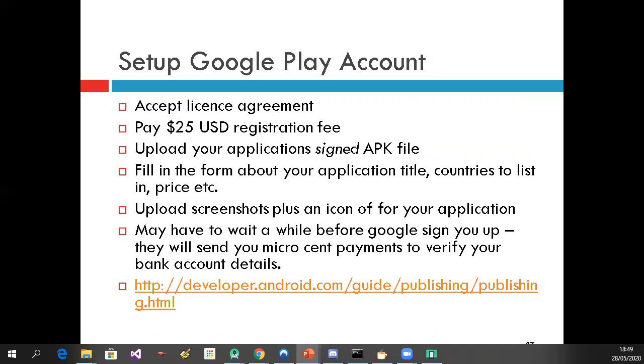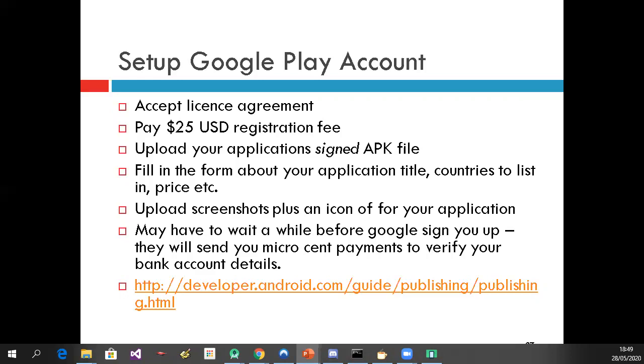You need screenshots of your application. I think you need 2 screenshots of your application and a description, and you need to make sure that your application has a rating for all of the different age groups that can access it as well.